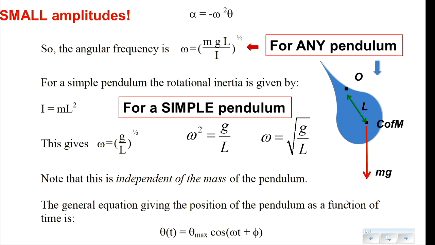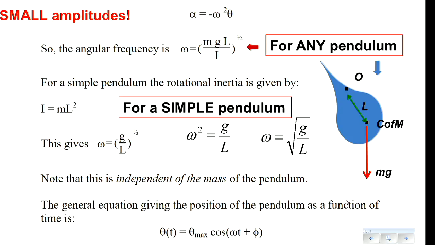But if it's a very simple object, small ball, the moment of inertia is just mass times the radius of a circle, and the radius of a circle equals the length of this string. So for the simple pendulum, this is how we can always calculate the angular frequency.